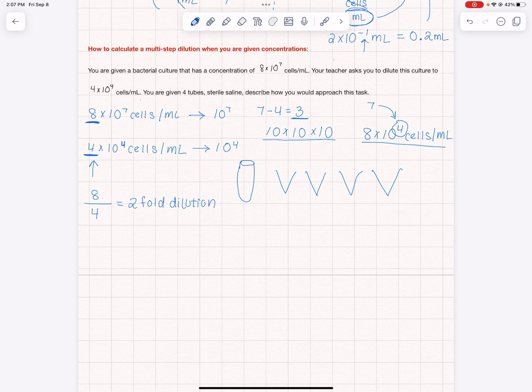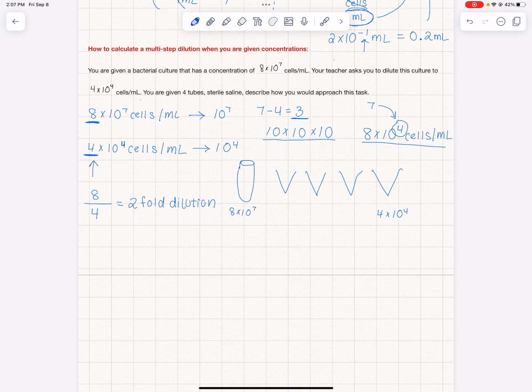And then I would draw out our concentrations, because we know that that is going to be starting out as 10 to the 7th, and our final concentration will end up being 4 times 10 to the 4th.